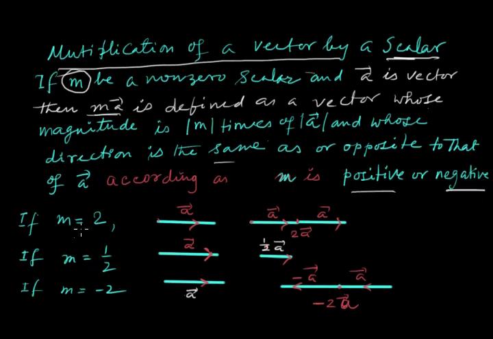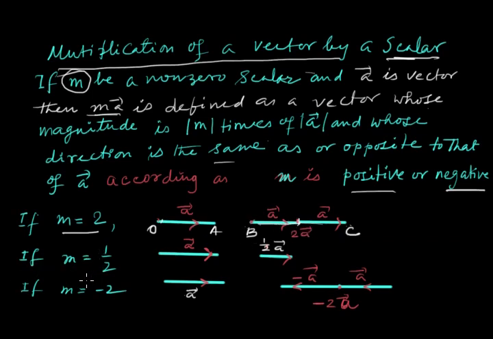Say for instance M is 2, suppose we define vector A from O to A. Now here 2A is defined from B to C. It is the sum of vector A with vector A in the same direction. So this represents twice vector A.